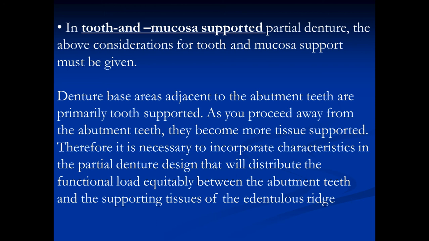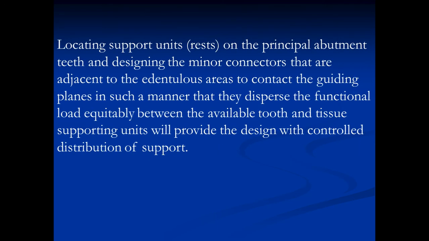For that, we have to add indirect retainers to the design of the removable partial denture, so that we add more stability and prevent the movement of the denture toward the soft tissue by adding extra support. So we have to add indirect retainers to our design when it is both tooth and mucosa supported.